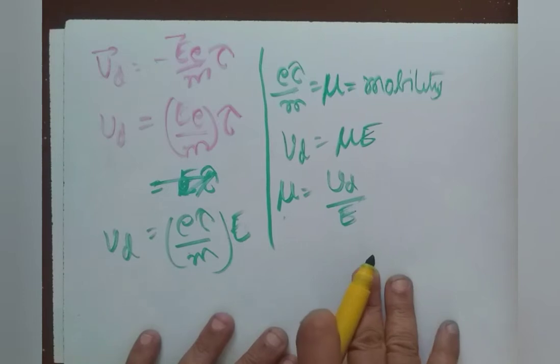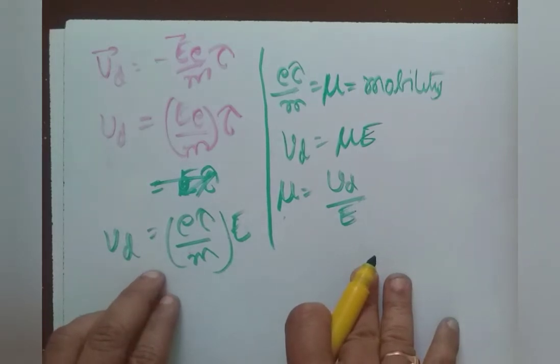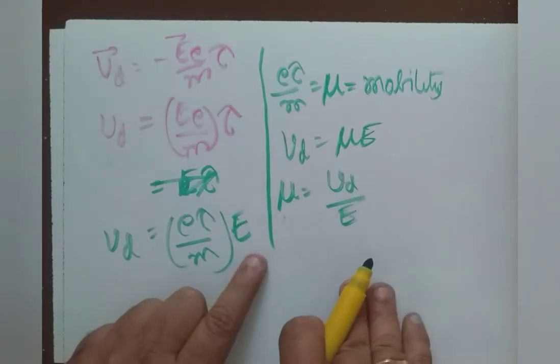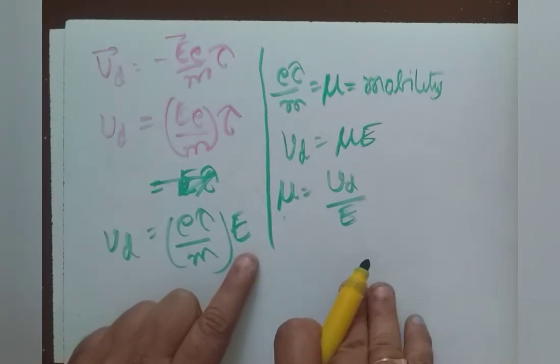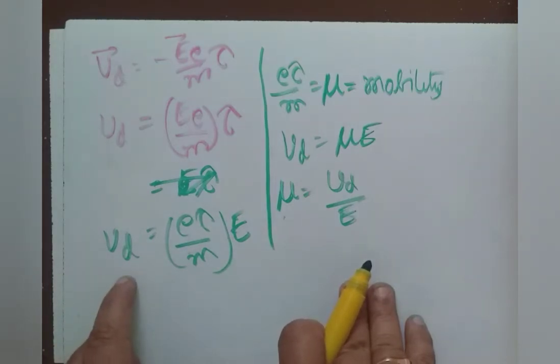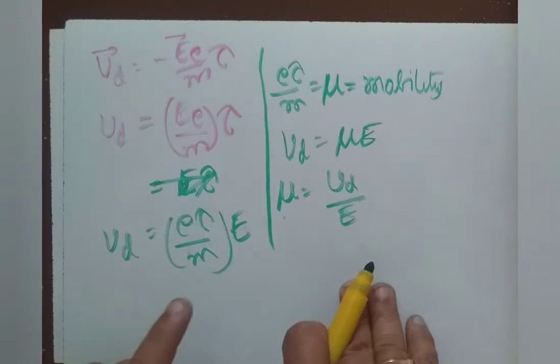And observe one peculiar thing about drift velocity. Drift velocity depends purely on electric field and it is a constant. As long as the electric field is kept constant, drift velocity is also constant. How is this possible? Because the electric field is accelerating the electrons, but because of the large number of electrons, the drift velocity becomes an average and it is constant.